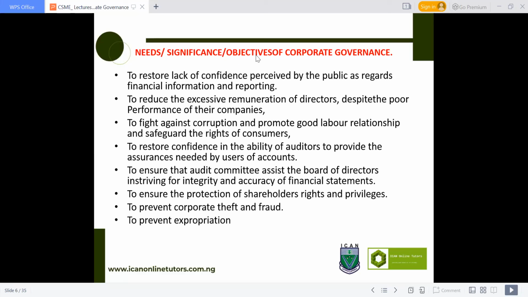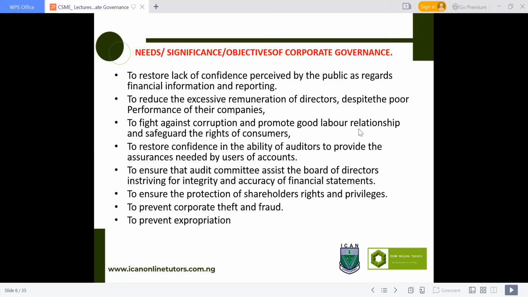To ensure the audit committee assists the board of directors. Yes, we'll also be talking about the audit committee. They also have work to do. Even though there's a section in CAMA that made it mandatory for public interest entities to have an audit committee, every company must have an audit committee. One of the most important committees that every corporate organization must have: you must have what we call a risk management committee.